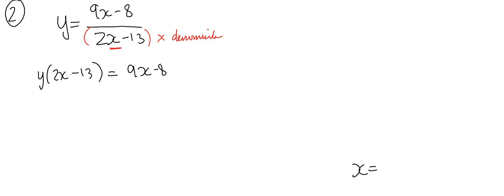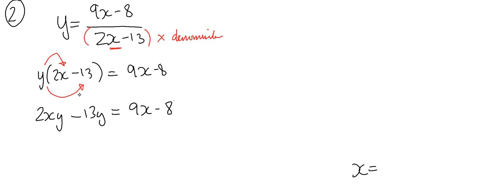Okay, now again, I've got x's, but they're in brackets, so I need to expand this out. So I'm going to expand my brackets. So I get 2xy, I've just done it in alphabetical order, that's all, minus 13y, and that's equal to 9x minus 8.